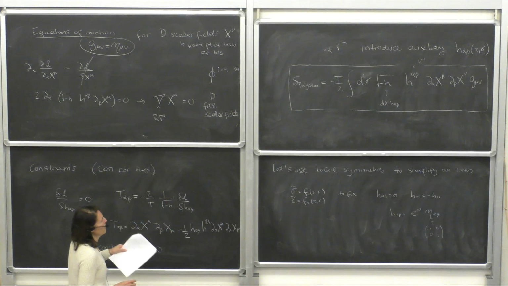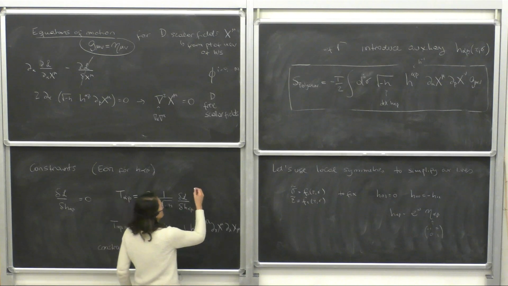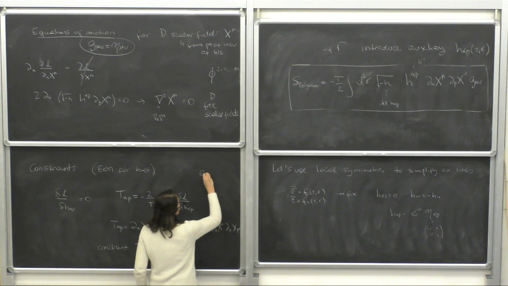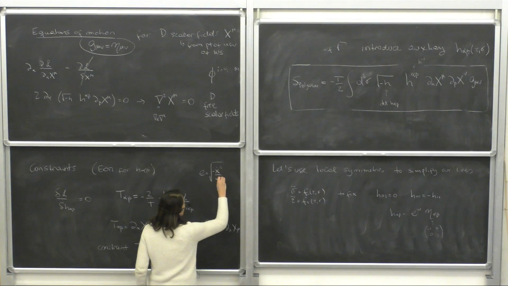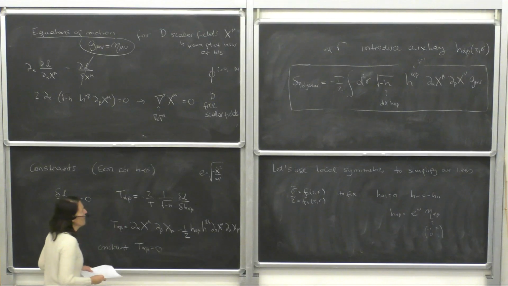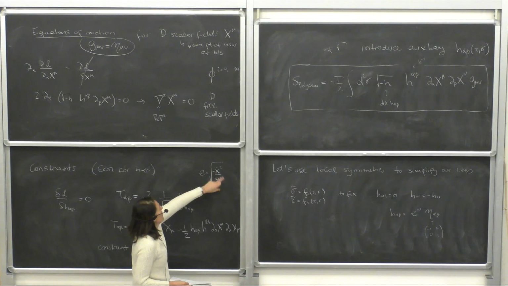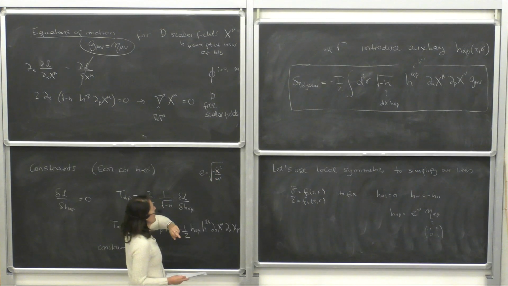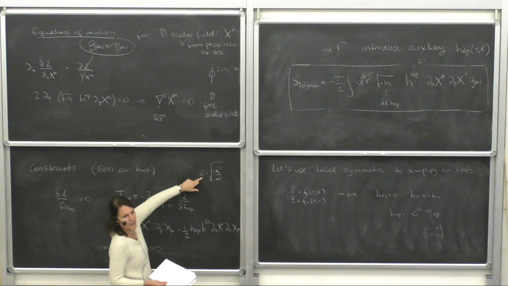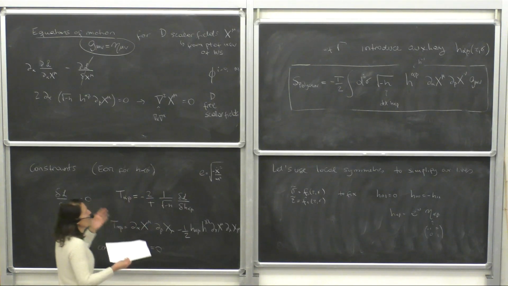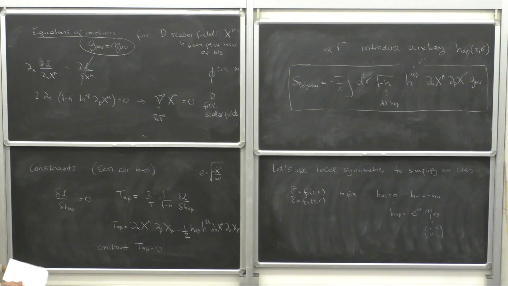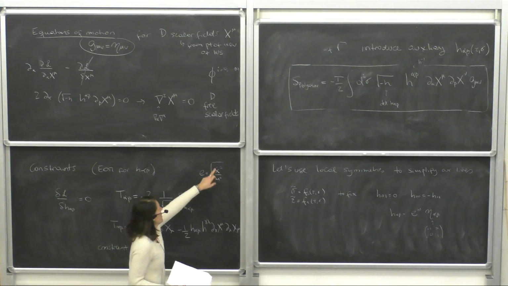If this is confusing, go to the point particle, where there was E, that was minus the square root of x dot squared m squared. Here I can use the tau reparametrization invariance to make E equal to 1, for example. That's a gauge choice, a diffeomorphism, choosing some tau such that this is equal to 1.